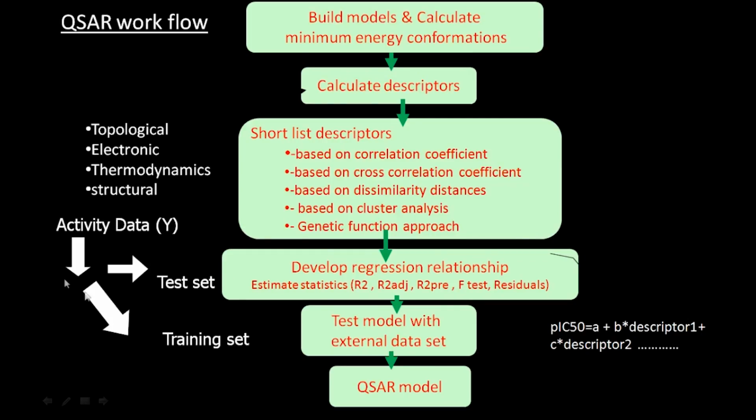Okay, so if I have say 7 or 8, I may take 5 or 6 in the training set, and the remaining 2 will be in the test set. Generally they say 20% should be in the test set and 80% of the data in the training set. So if you have a large number of data, you don't develop the regression with all the data points; you follow the 80-20 rule.